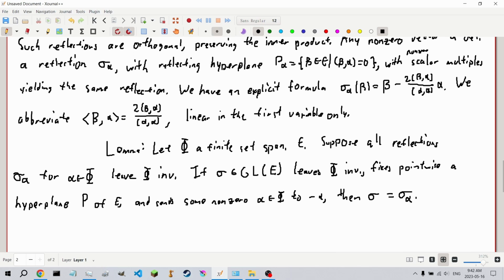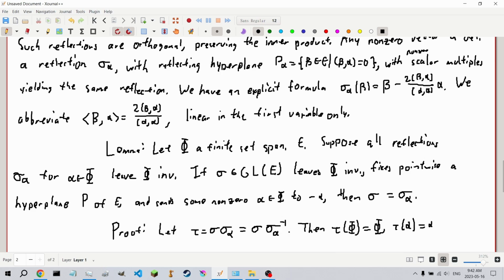Alright, let's look at the proof. Let tau equal sigma alpha inverse, which, because sigma alpha is its own inverse, is equal to sigma alpha. And then we have that tau is going to preserve our phi, and we know that tau of alpha is going to be alpha.